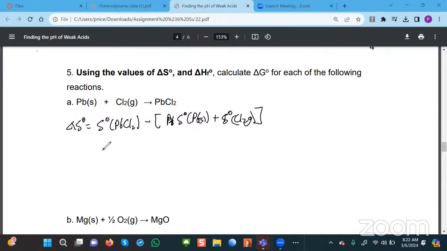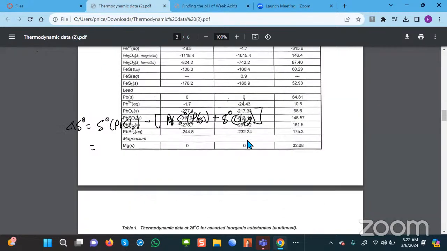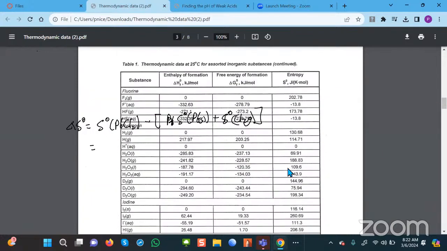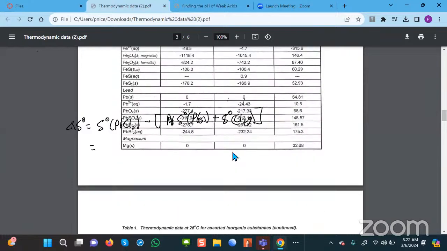All right, so that means we need to go to the same table I talked about earlier. This table right here. And what we're going to look for are the entropy values, which are the values in the third column, starting with lead 2 chloride. So let me see if I can find that.